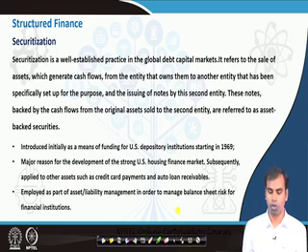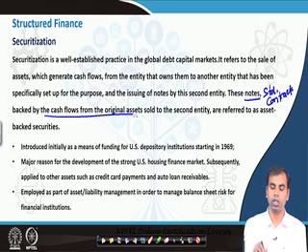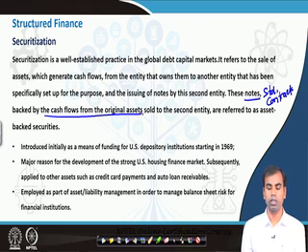So, these notes or standard contracts, basically these are standard contracts written between the two parties and sometimes it is more than two parties also. So, these standard contracts are basically backed by cash flow from the original asset sold to the second entity and referred to as asset backed securities in the debt market or mortgage market as well.